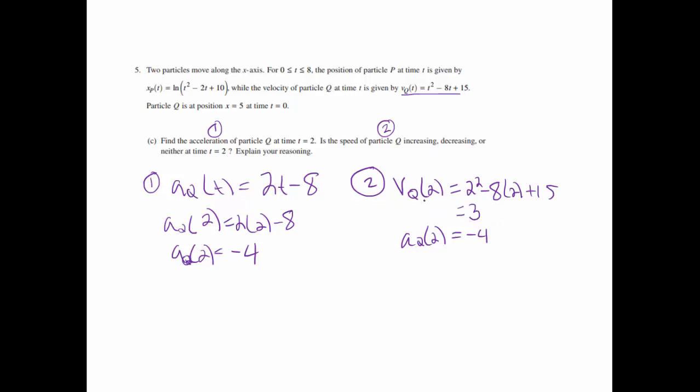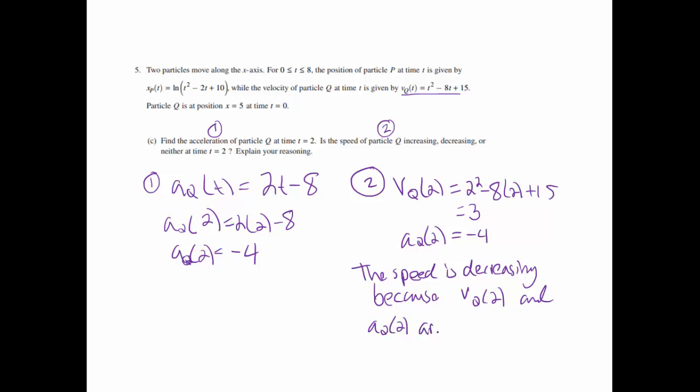All right, so I know the velocity of particle Q is positive, the acceleration is negative, which means the speed is decreasing. And I need to say why the speed is decreasing, because the velocity of Q at 2 and the acceleration of Q at 2 are opposite signs. They are working against each other.